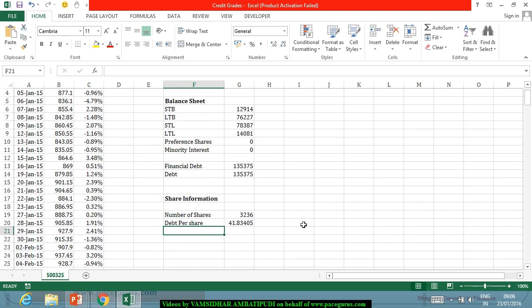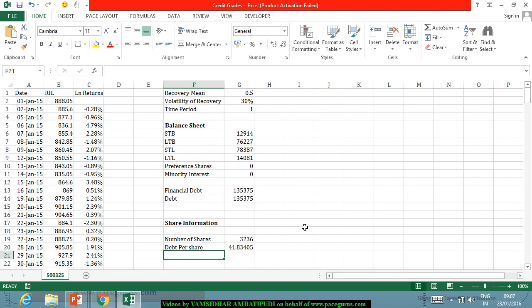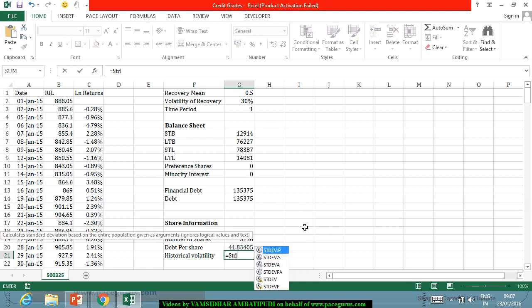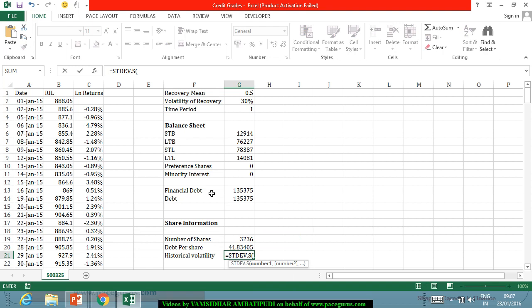That's one piece of information. Volatility, either I can take the historical volatility or I can go with the option based implied volatility, whatever it is. If I go with historical volatility for the process, I'll take the standard deviation of the log returns and multiply it with the square root of the number of trading days in the year.